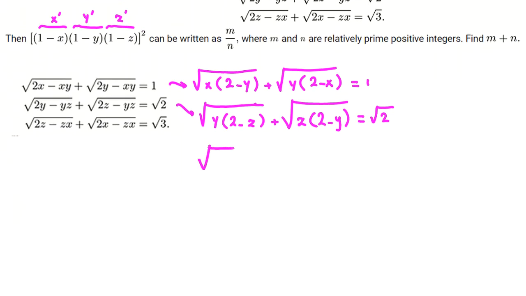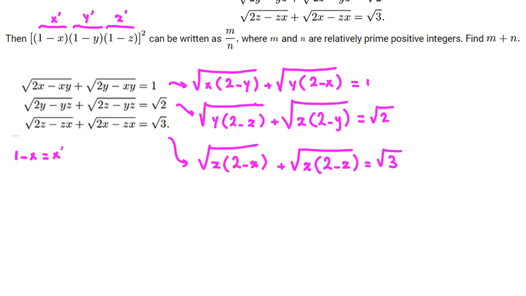And now here, square root of z times 2 minus x plus square root of x times 2 minus z equals square root of 3. Now, I say, okay, x is what by x prime? 1 minus x is x prime, so 1 minus x prime is x. So if I want to rewrite the first equation, the first one is 1 minus x prime.